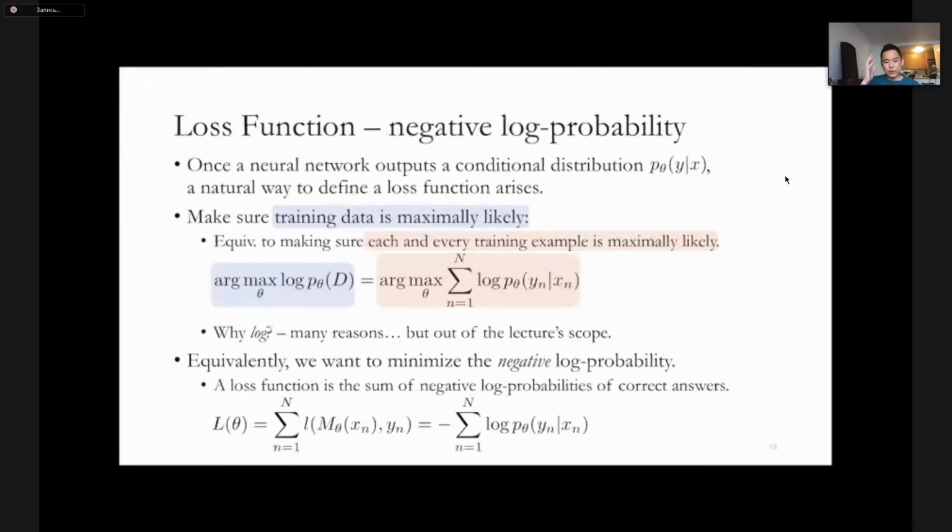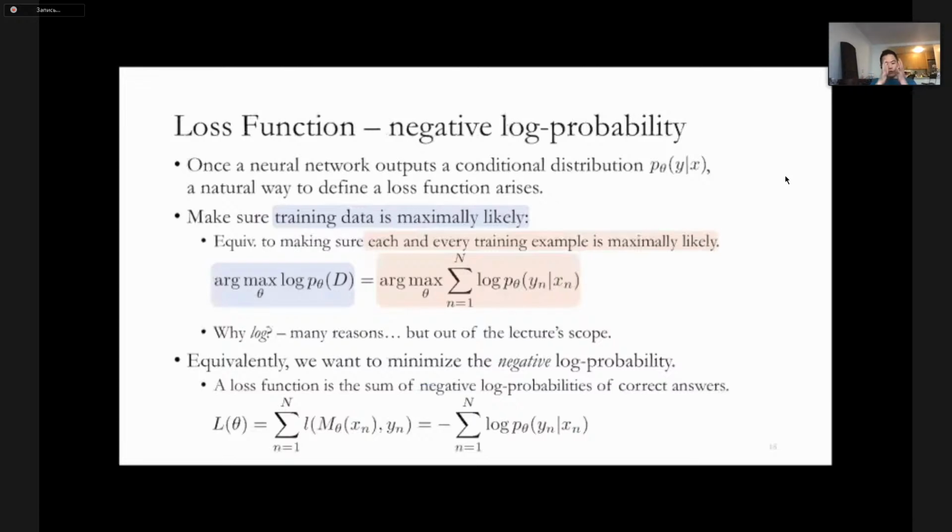And then we'll talk about why this is the distribution we use. Once we decide or believe that it is a sensible way to have a neural net always output a conditional distribution over all possible choices, that is, y given x, then the very natural way to define a loss function automatically arises, and that is to use the negative log probability of the correct answer given the input.